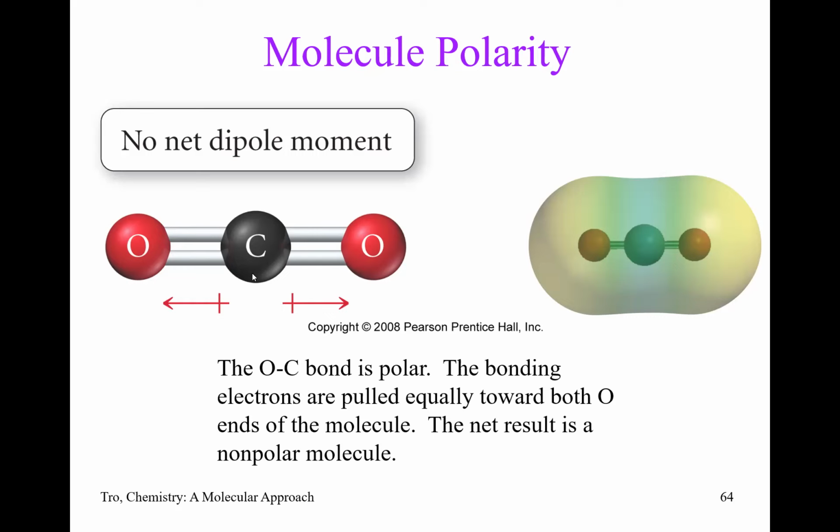Carbon's electronegativity is like, what is it, 2.5, and oxygen's 3.5, but anything that isn't a carbon-carbon or a carbon-hydrogen bond is going to be polar. So the individual bonds are polar, but our symmetry here, it's like two vectors pulling in opposite directions, and so they cancel each other. And the net result is that the molecule is non-polar.